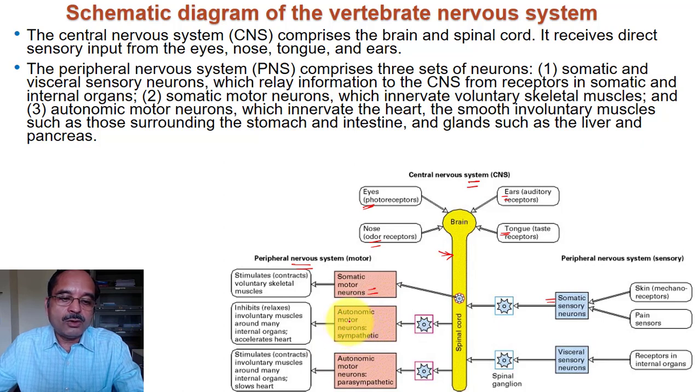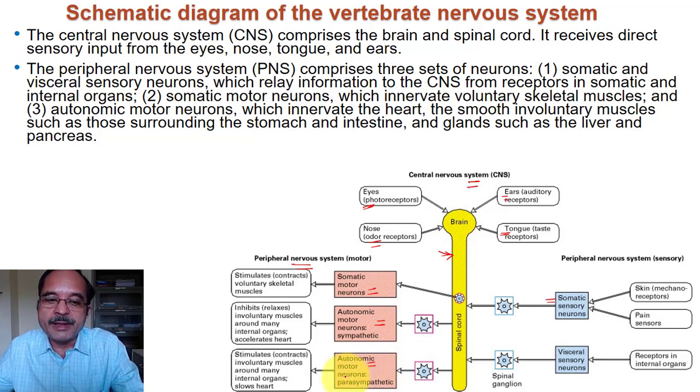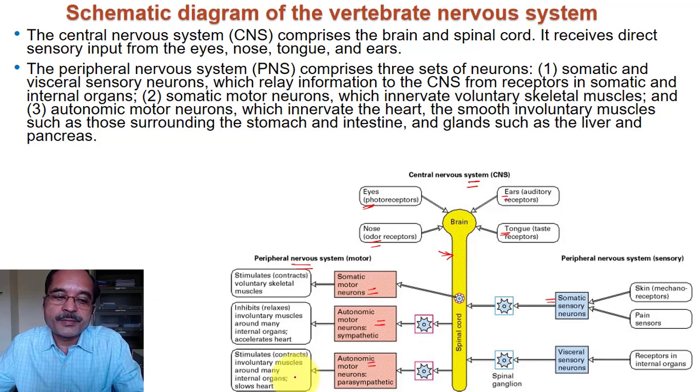The autonomic motor neurons innervate the heart and the involuntary muscles surrounding the stomach, pancreas, intestine, and so on.